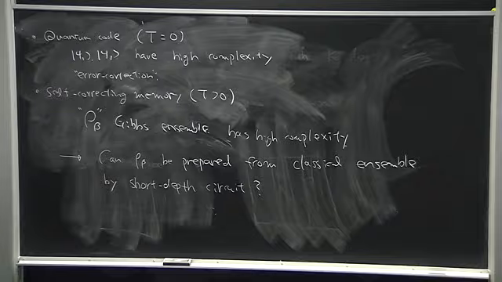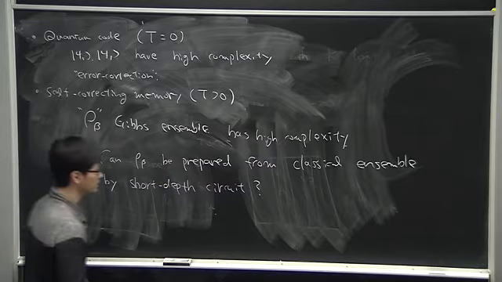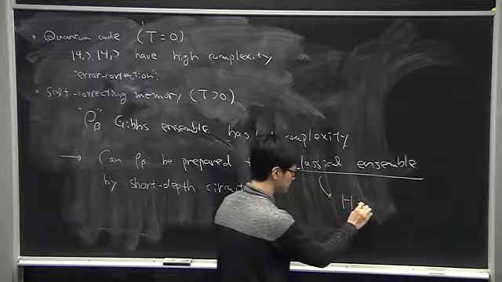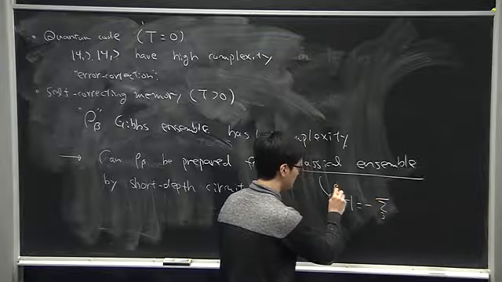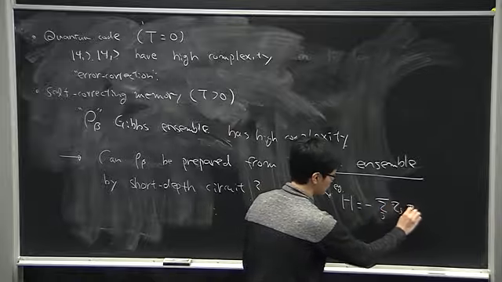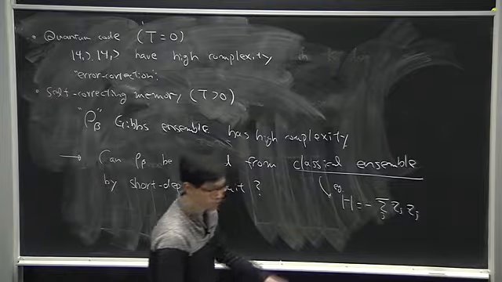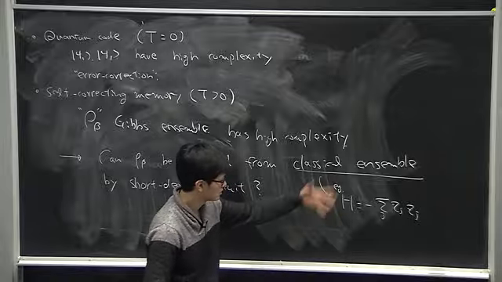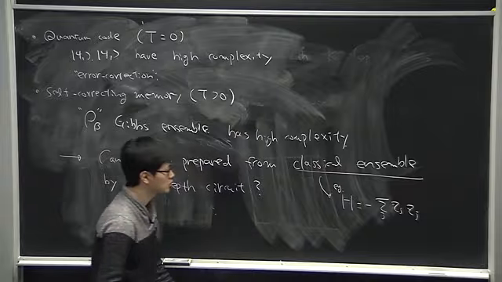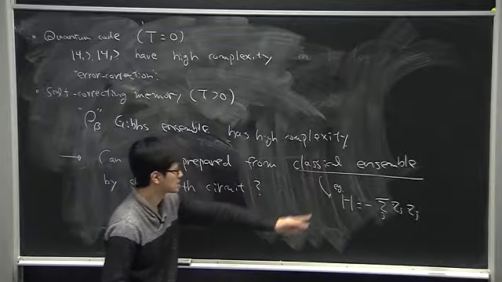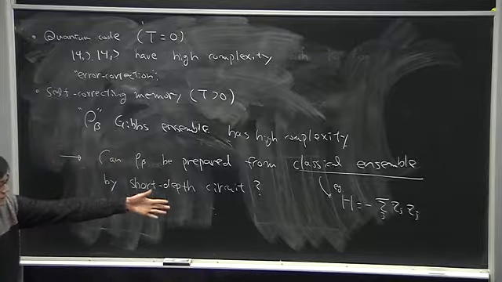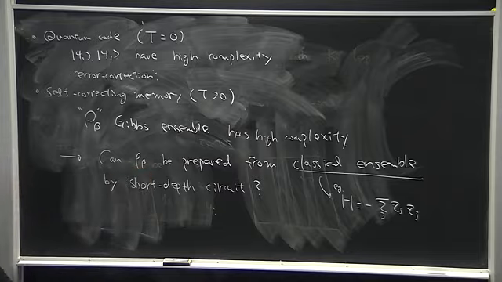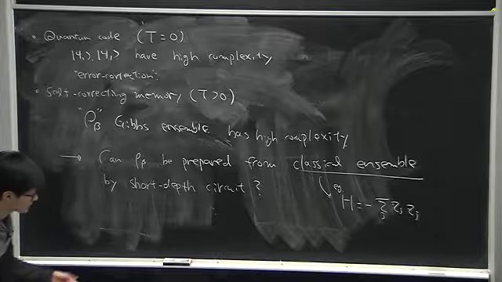This is the question we would like to address. And by classical ensemble, I mean the following. For example, you can just think about Hamiltonians which are made of diagonal terms such as Pauli Z, and you generate some Gibbs ensemble. We assume that the sampling of this classical part is very easy, and then having access to such a classical part, can we convert it into a quantum Gibbs ensemble or not? That is the question.